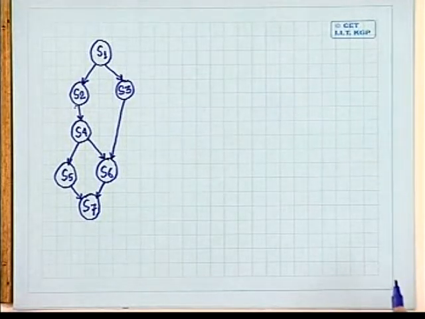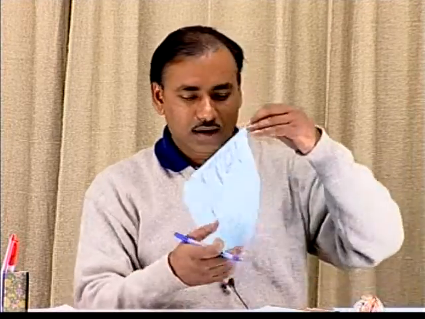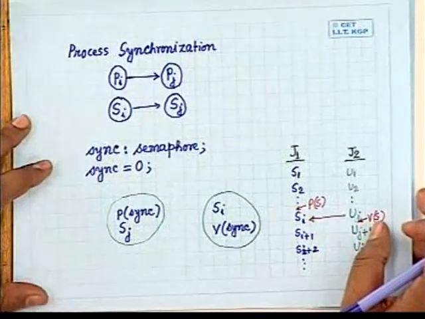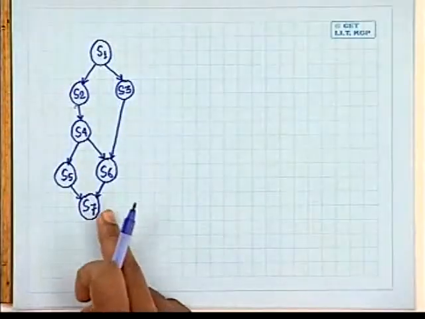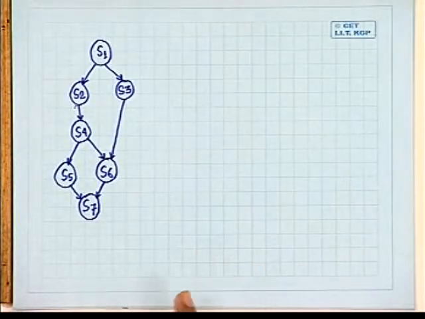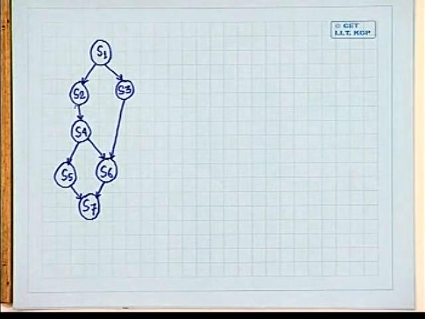And at that time we had mentioned that this precedence graph cannot be converted into a parallel code using co-begin coend construct. Okay. Now you will find that after introducing this synchronization mechanism by making use of the semaphore variables, even this precedence graph can be implemented using co-begin coend construct.